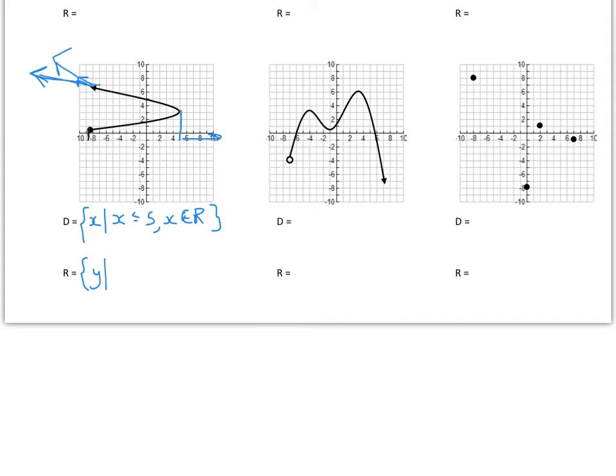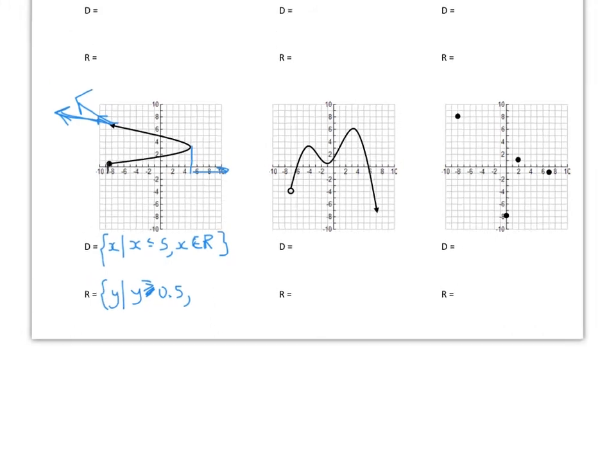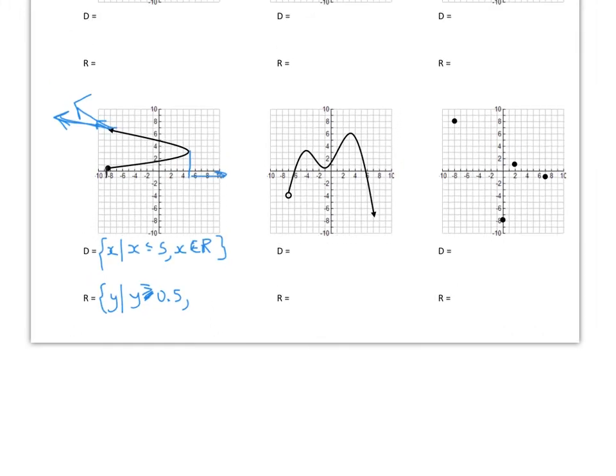My y values are going to get bigger and bigger. My y has to be greater than or equal to 0.5, I'm estimating that value there. It is a closed circle, so I am using the equal sign with that greater than symbol. And y is an element of the real number system.